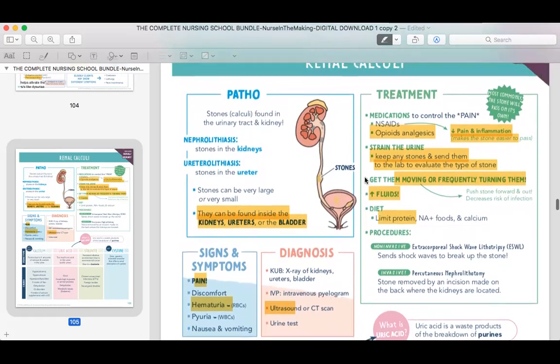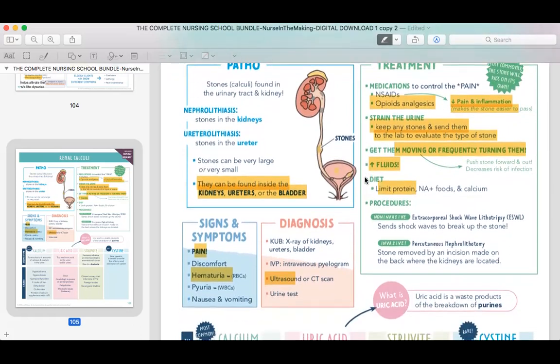I believe it shows up on ATI. You can have this, it shows up on ATI. Sometimes you can have a shockwave lithotripsy that sends shock waves to break them down, and they're easier to expel.